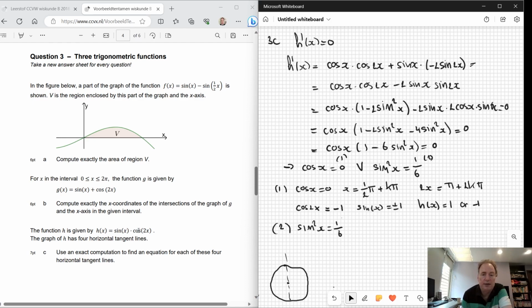We should probably write this as sine of x times 1 minus 2 times sine squared of x, because we know exactly what the sine of x is, then we can just substitute it here.